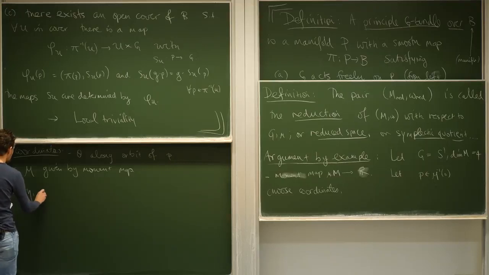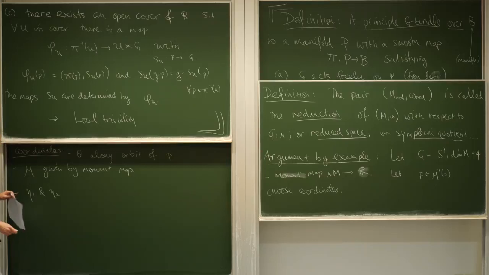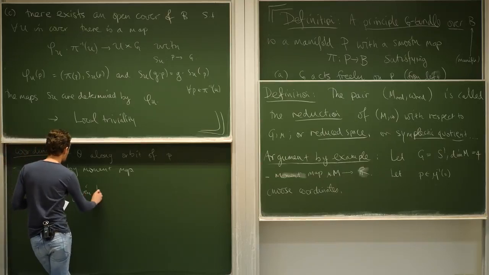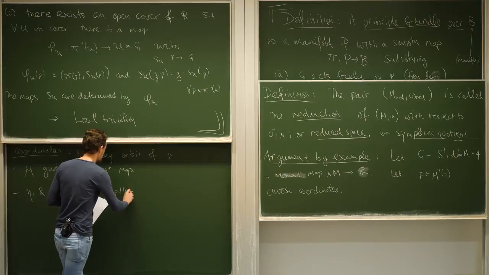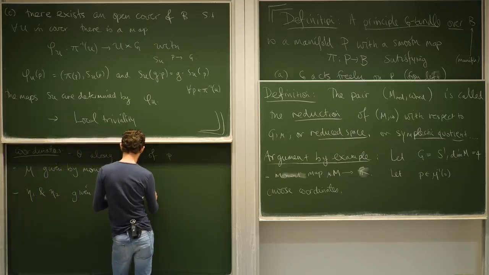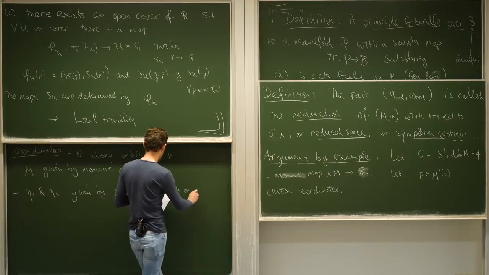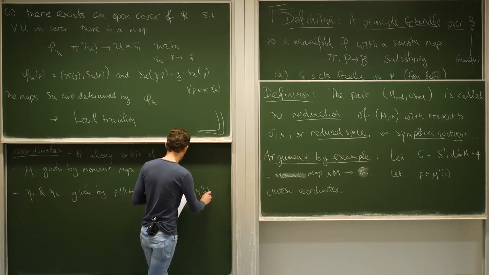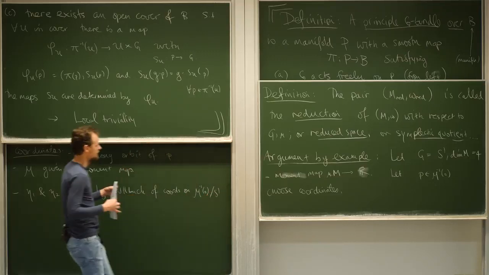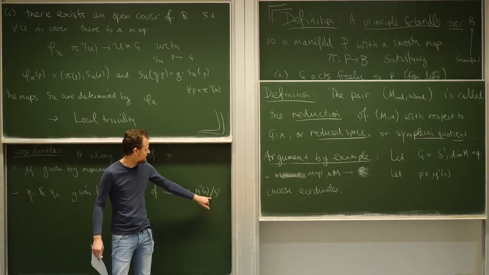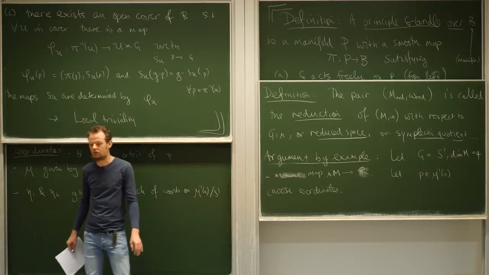And we have two remaining coordinates that we would need to fully coordinatize M, namely the remaining two coordinates that you have on the space here, mu minus 1 of naught mod S1.